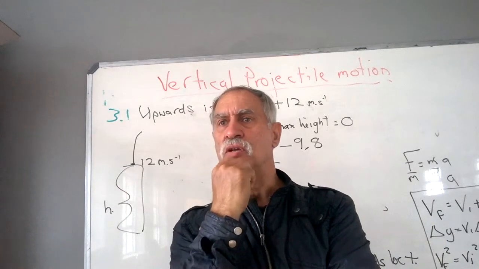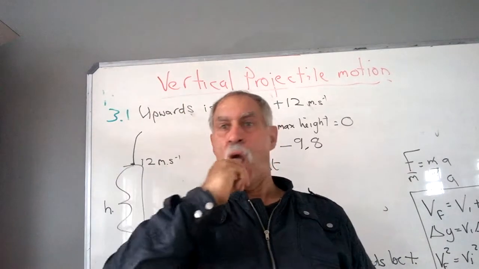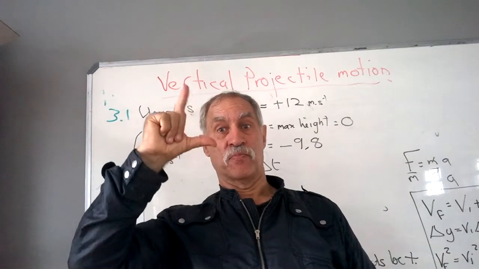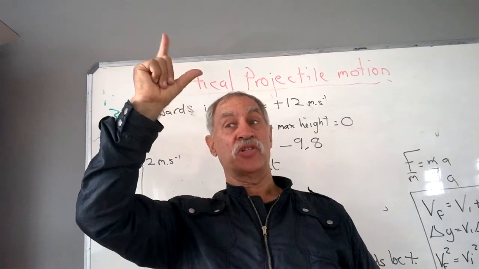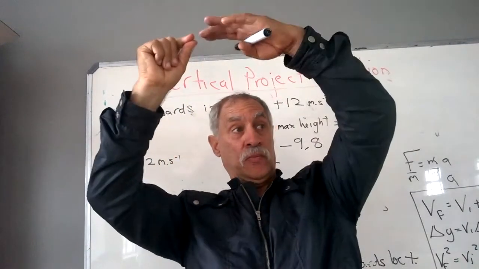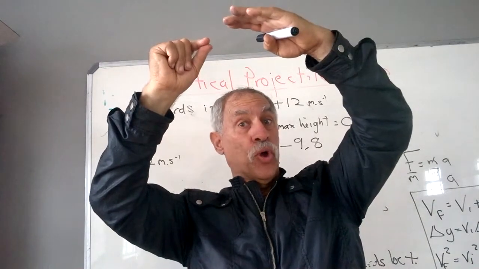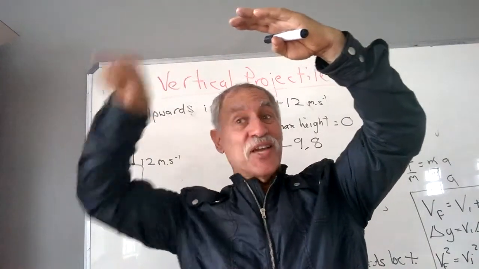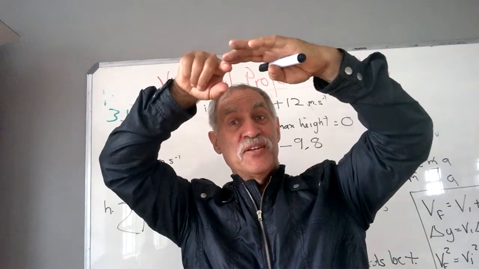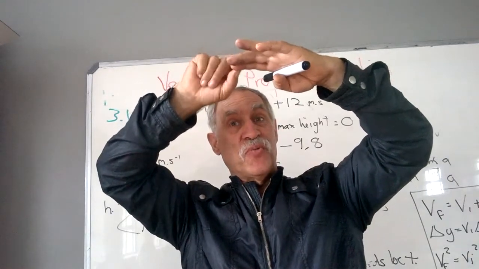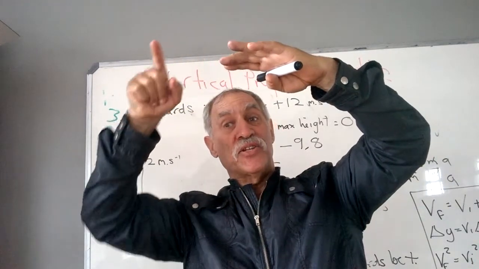Can you see that? Watch it again. 12, positive. What is it after 1 second? It's 2. But after 2 seconds, it's going down. So in the meantime, between 1 and 2, it's gone up a little bit, and then it's gone down 8.